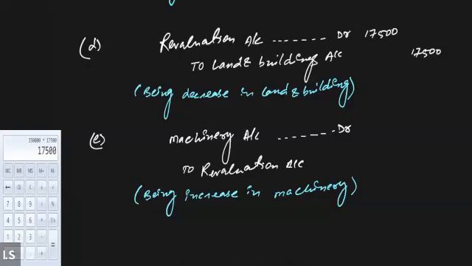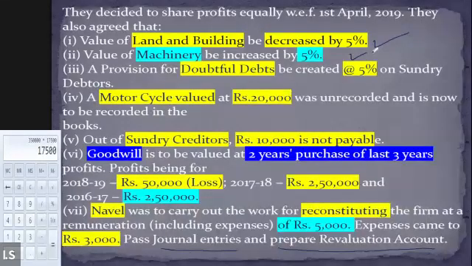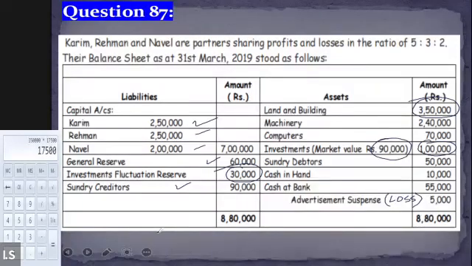Yes, sir. Okay, now coming back to the question, let's find out the value of the machinery. Machinery was earlier valued at 2,40,000, right? Now it is increasing by 5%. That means 5% of 2,40,000 is how much? 12,000.